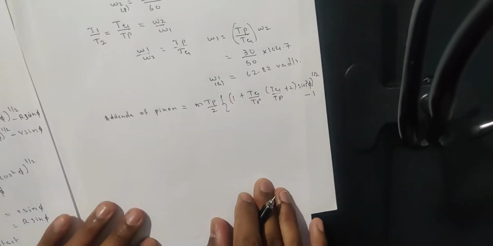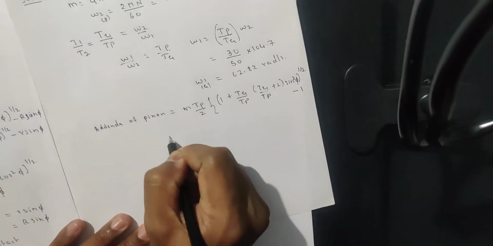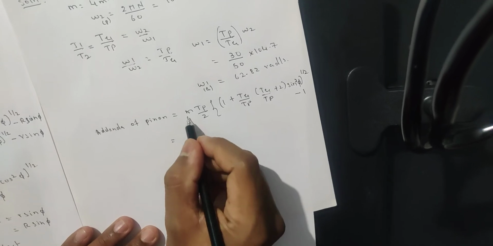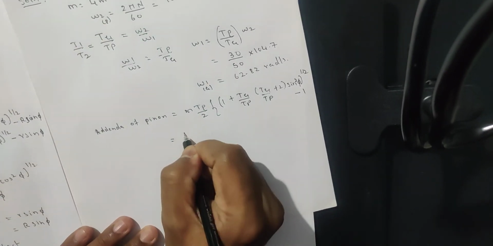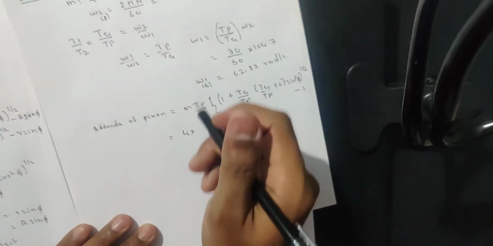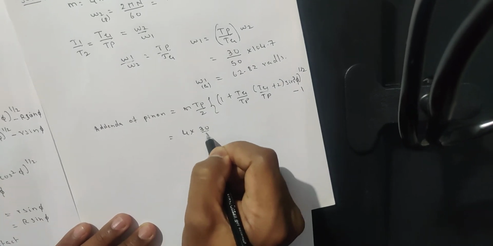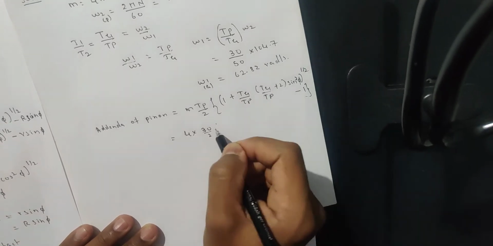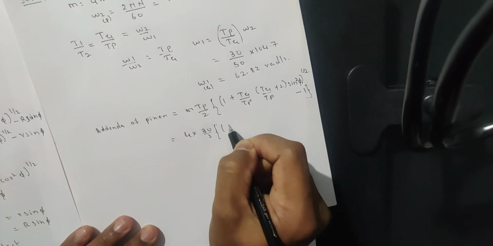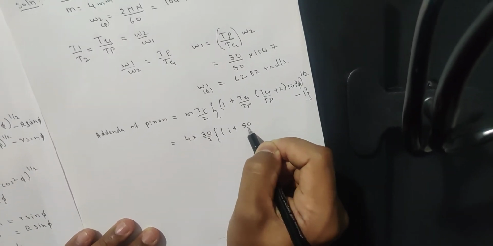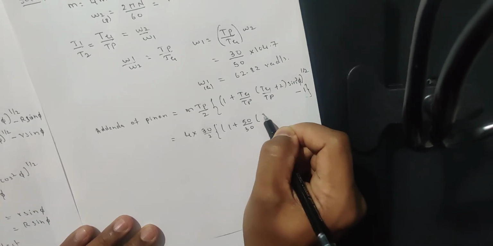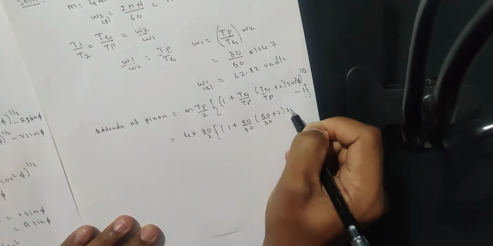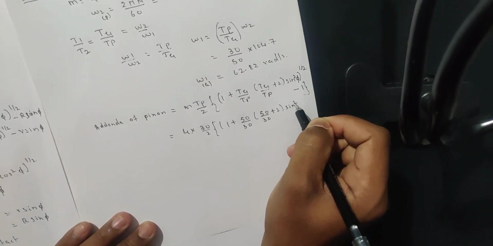Now if you see here, what all the things you have to know, you will be knowing. You will be knowing the module here, that is m, 4. Number of teeth on pinion you know, that is 30 by 2, into 1 plus 50 divided by 30 into 50 divided by 30 plus 2 sine square, what is the pressure angle?